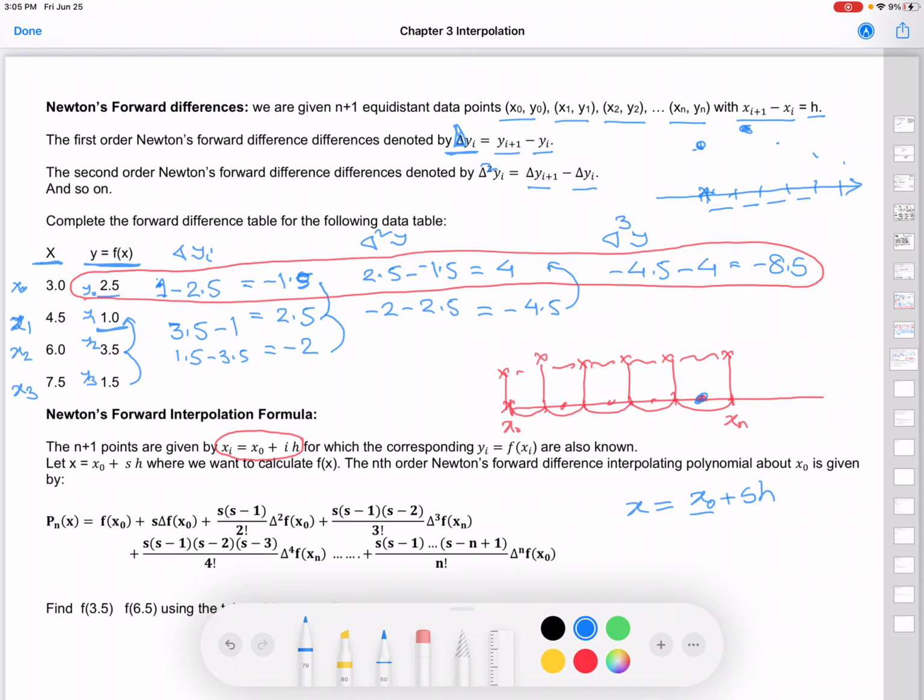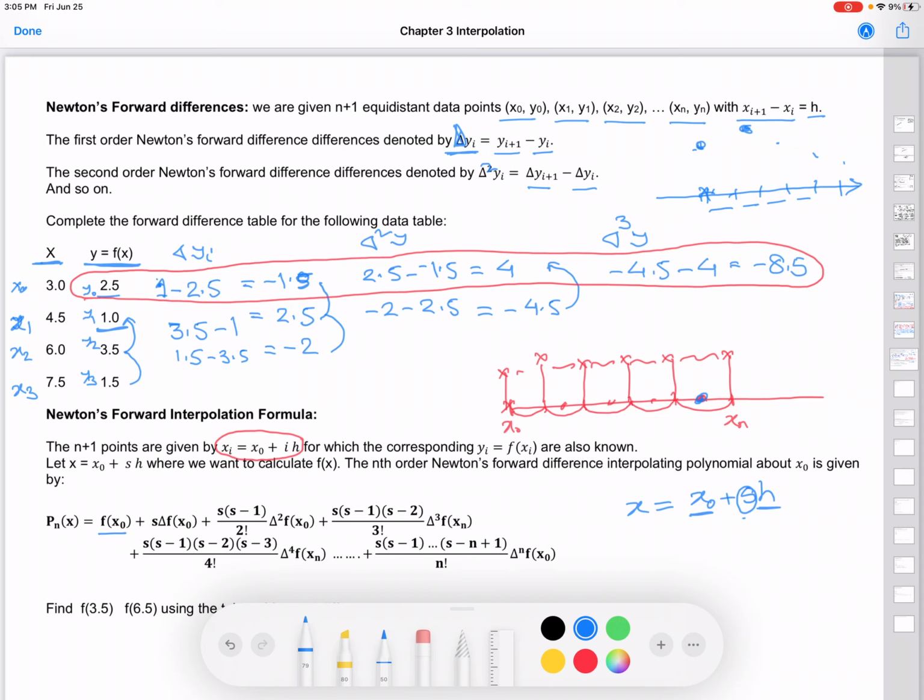Now your x0 is known. You also know the common difference between the points, so you can find the value of s. So this formula depends on the value of s.